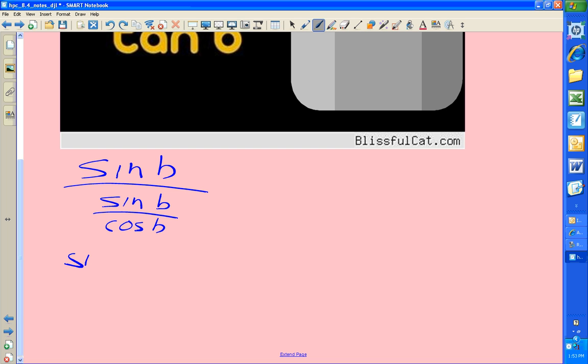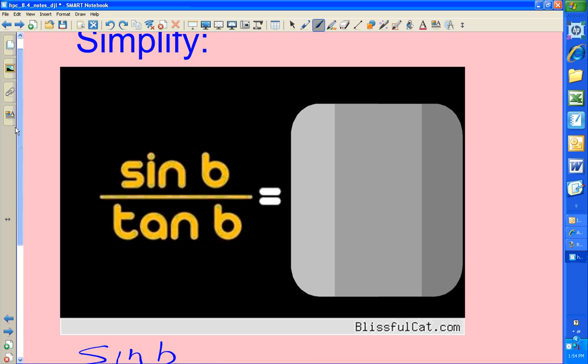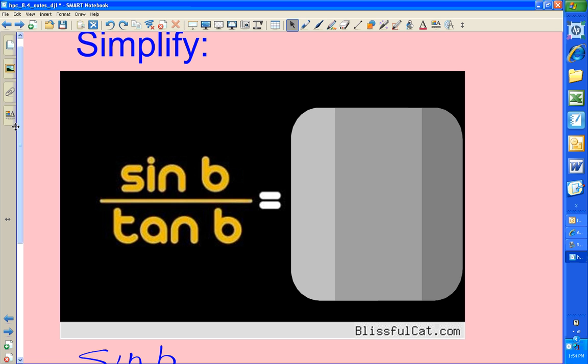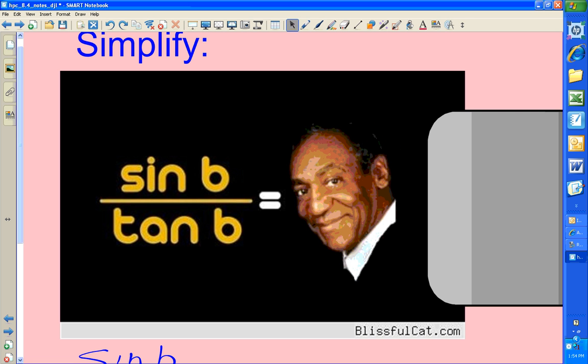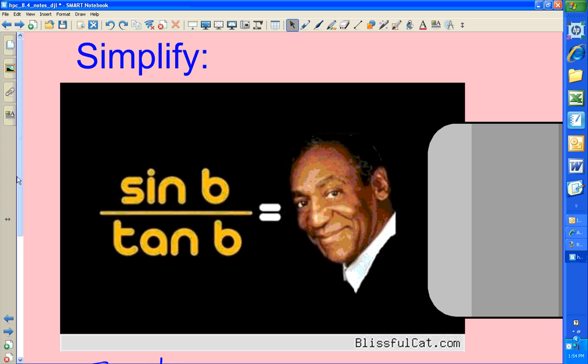So that becomes the sine of b times the cosine of b over the sine of b. What happens here? The sines cancel. So the sine of b over the tangent of b equals cos b. See what we did here? Good thinking, right? In math class, you've got to reach for what you can get when you can get it.